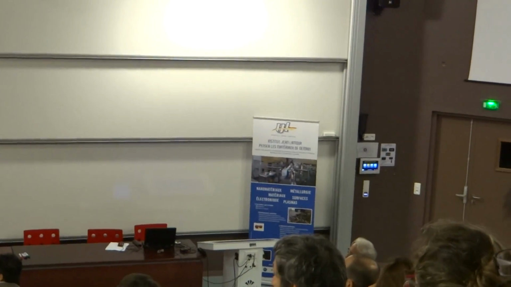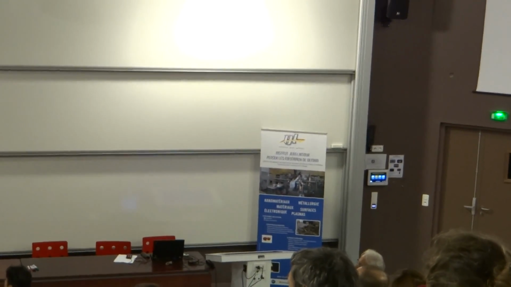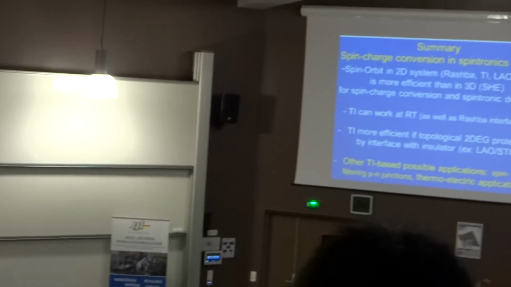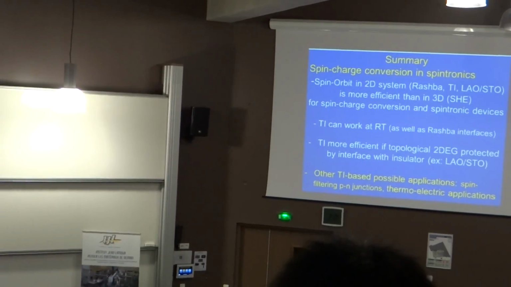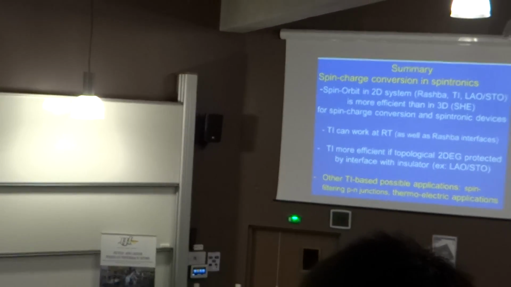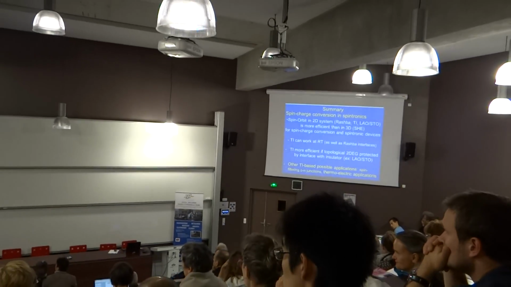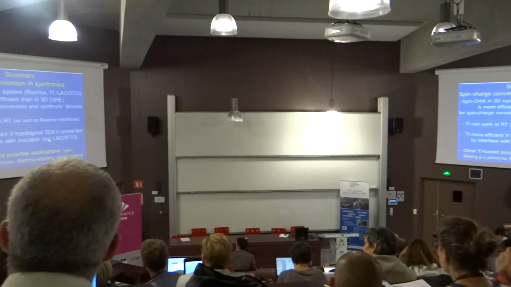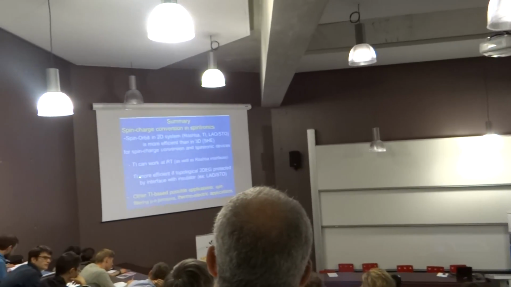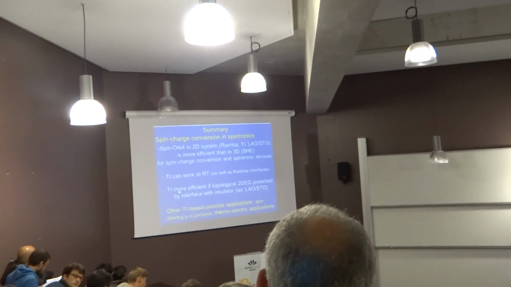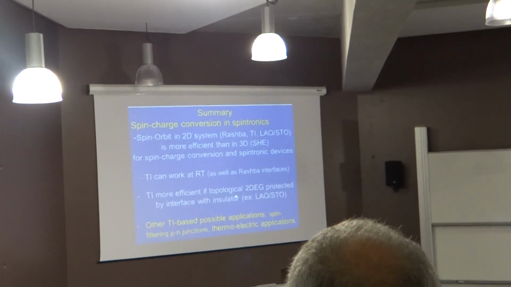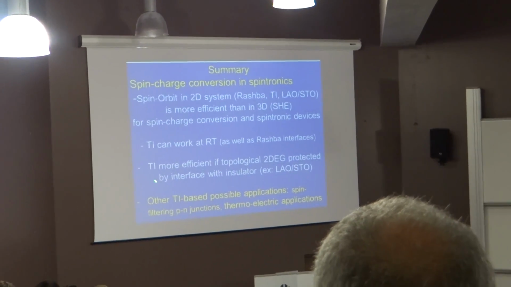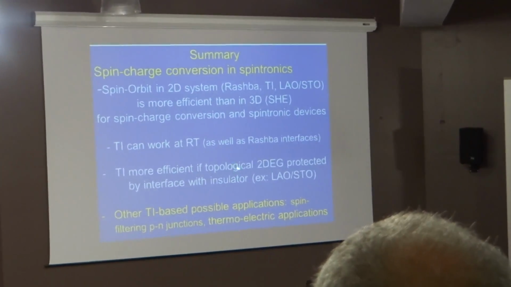In fact, in most systems they do not work at room temperature because there is a shunting at room temperature by a non-perfectly insulating bulk topological insulator. The other conclusion is that the topological insulator can be even more efficient if the topological two-dimensional states are protected by an interface with an insulator.